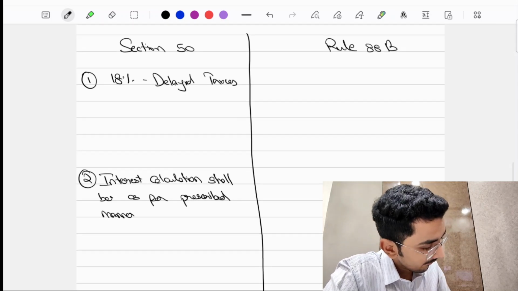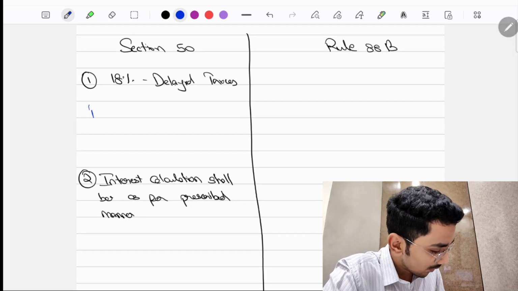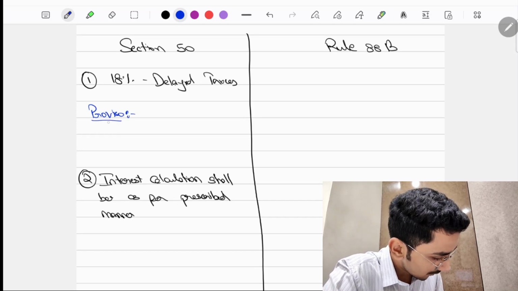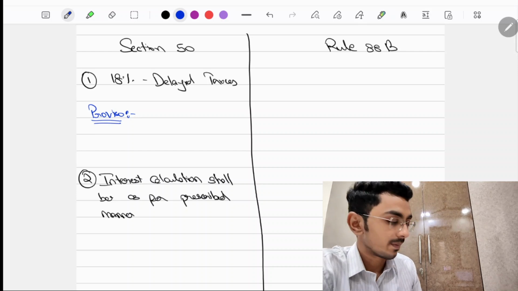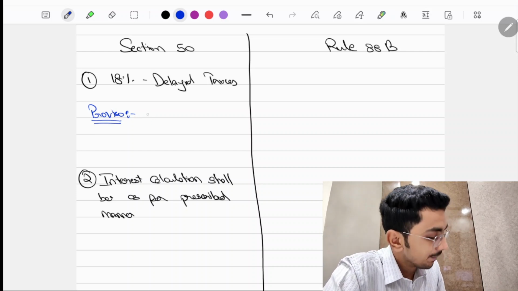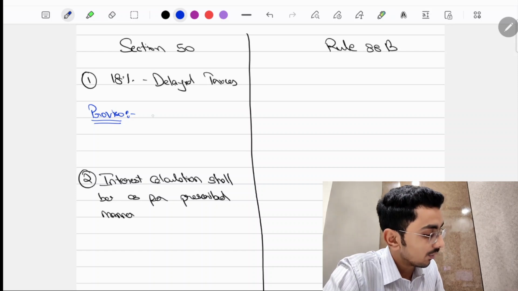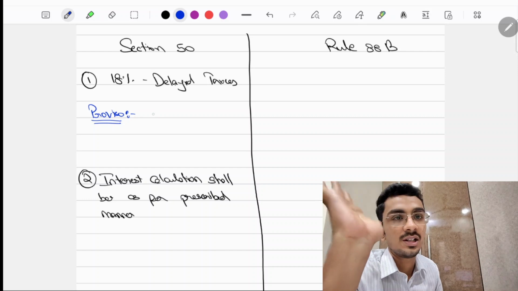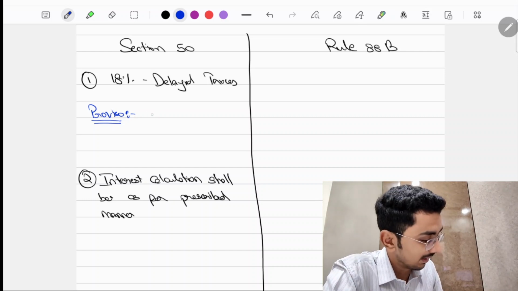Now we also have to consider that there is one proviso. The proviso states that you have to pay 18% interest only on the component which you are discharging through the cash ledger. So we'll take one small example.